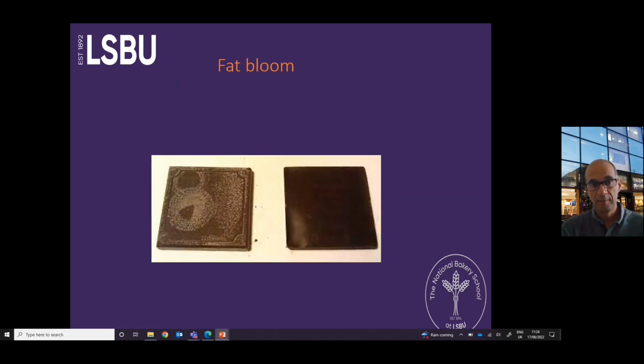So what will occur over time? As I said, we want our type 5 crystals, and on the right-hand side, we have type 5 crystals that have been created in that chocolate. This chocolate has been tempered appropriately, so throughout the mass we have the right crystals, type 5.